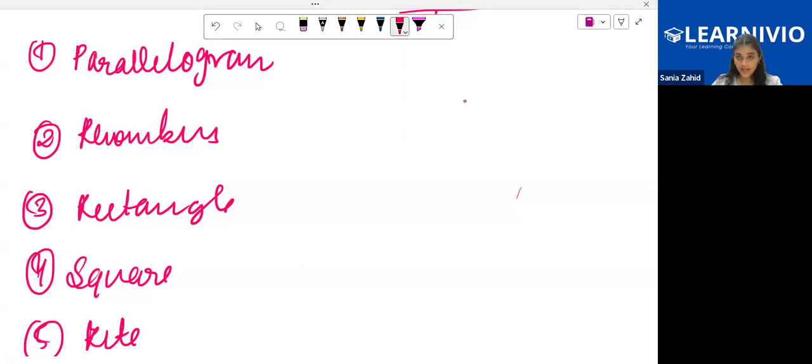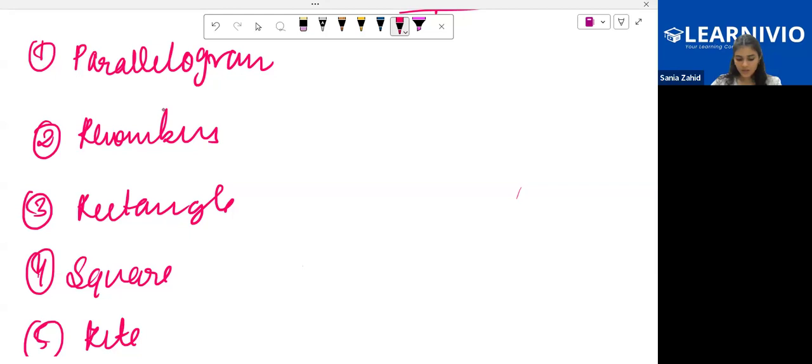Aswan, do you wish to add anything? No, ma'am. Okay, what about diagonals though? The diagonals are perpendicular bisectors. Okay.